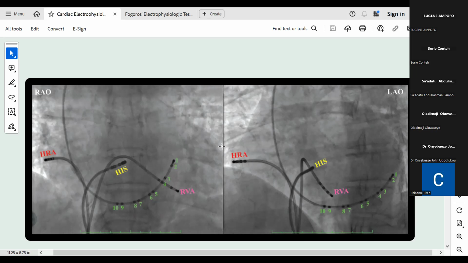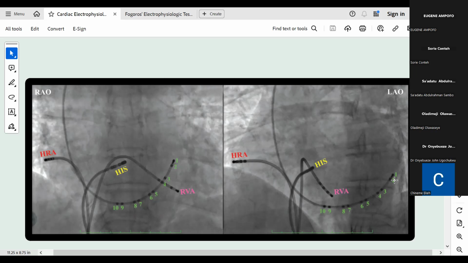But the moment you go LAO, you can see that the RV catheter did not cross the spine. Do you notice that? Yes. So that's why I said, if you have entered the RVOT, the catheter will not cross the spine. But if you are in the CS, the catheter will cross the spine.